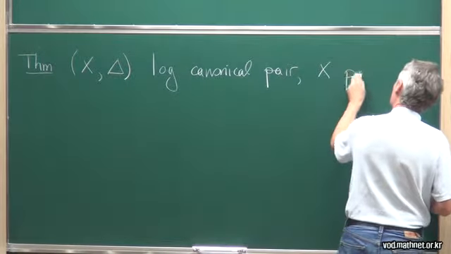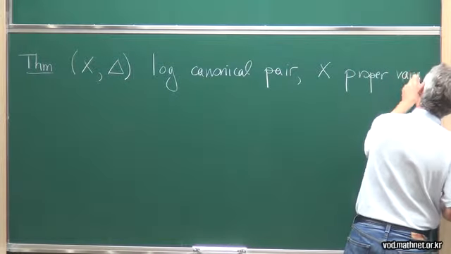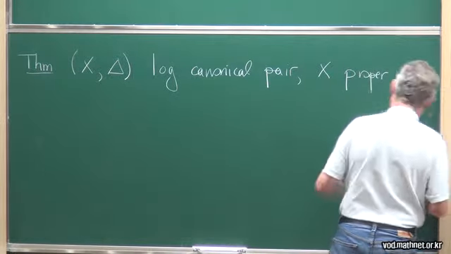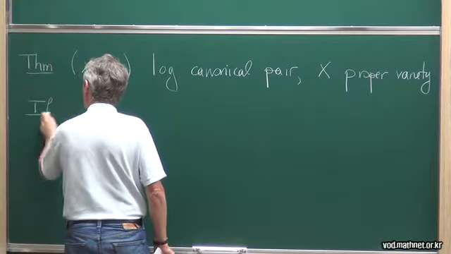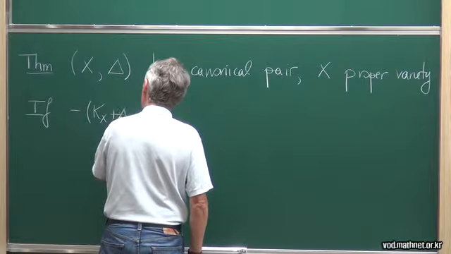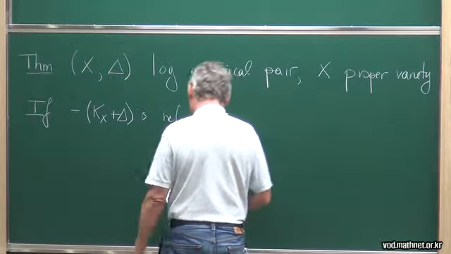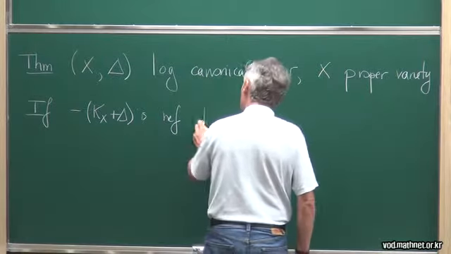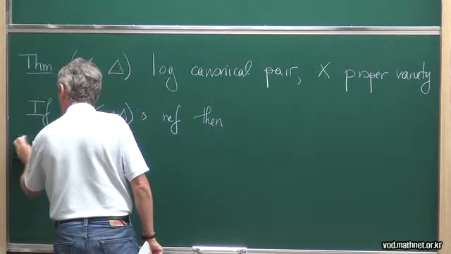Here X is a proper variety. And the underlying assumption is that minus K_X plus delta is nef, for example, numerically trivial. Then three things are true.